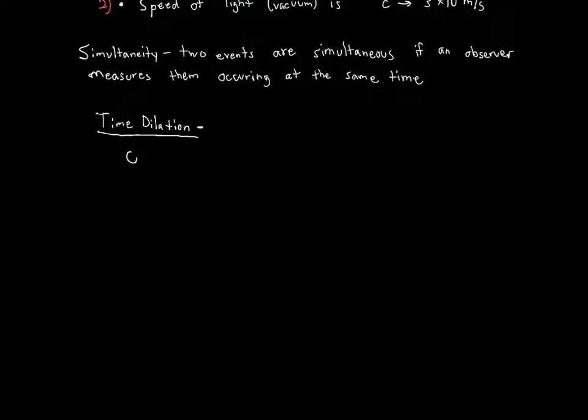Now, what this tells us is that observers that are moving, so they have some speed v, they have to be moving at a constant speed v. They can't be accelerating because then our special theory doesn't apply.